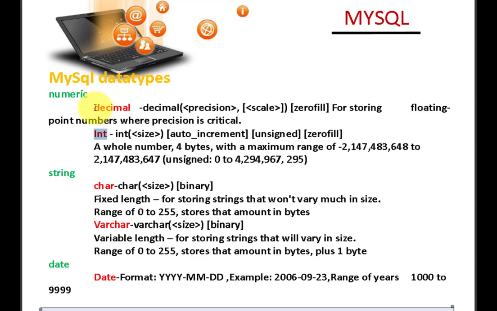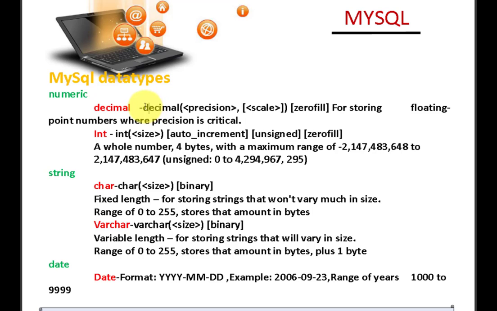If you assign a column as decimal, for example, if you have a fee record and the fee can only store a numeric value in the form of decimal, you can use the decimal data type.